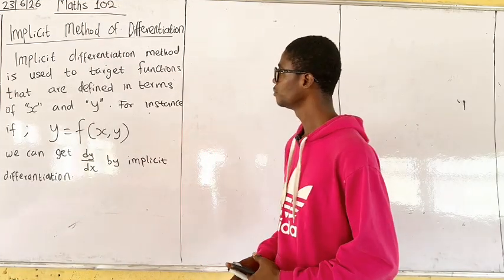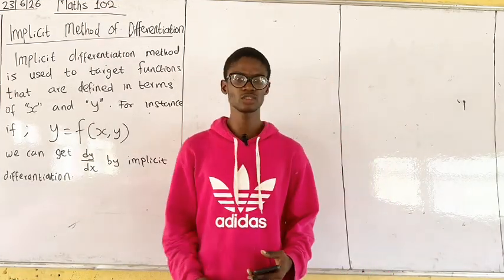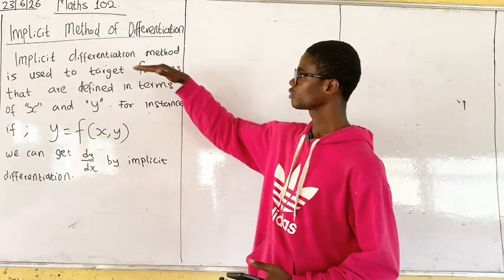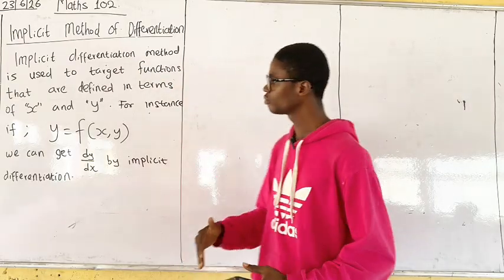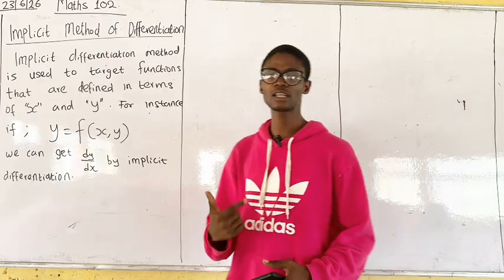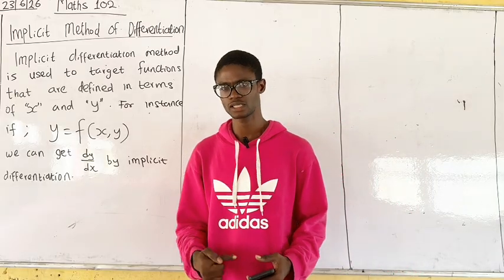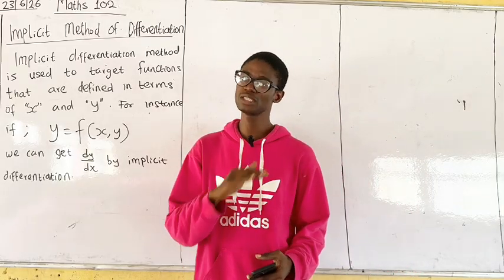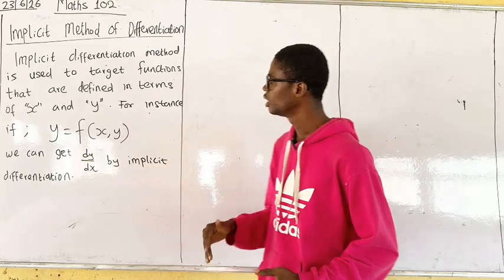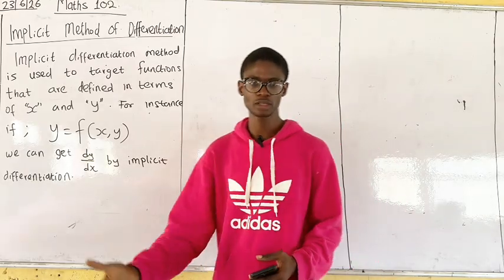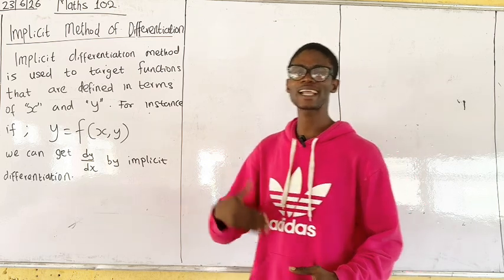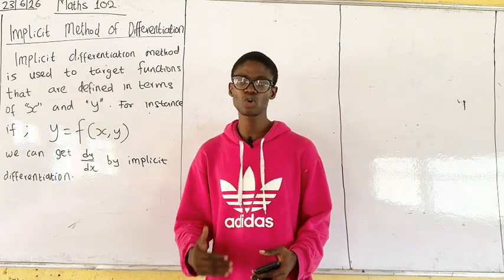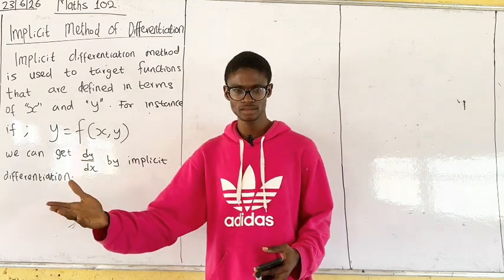So we are back with our series on differentiation, and we are working on the implicit method of differentiation. Hope you know there are some functions that you can't differentiate using general methods. What I mean is that there are some functions that cannot be expressed with y as the subject, in terms of only x.